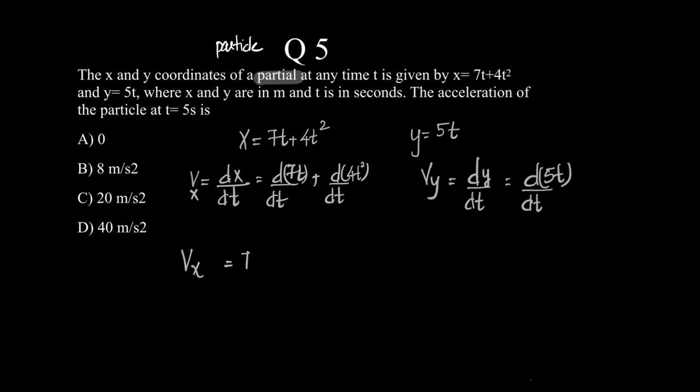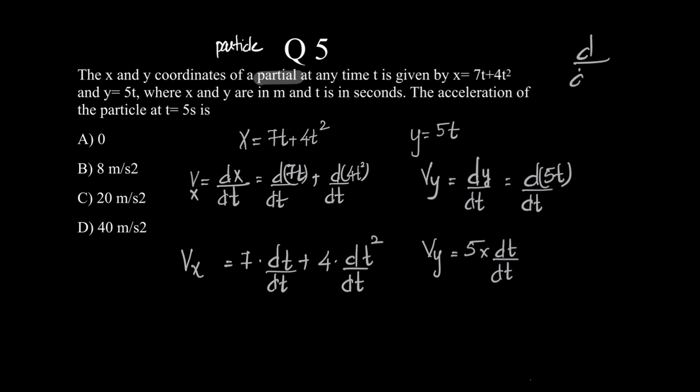Vx is equal to, since 7 is a constant, I can take 7 outside, so that becomes 7 into d by dt of t plus 4 into d by dt of t square. Now Vy is equal to 5 into d by dt of t.